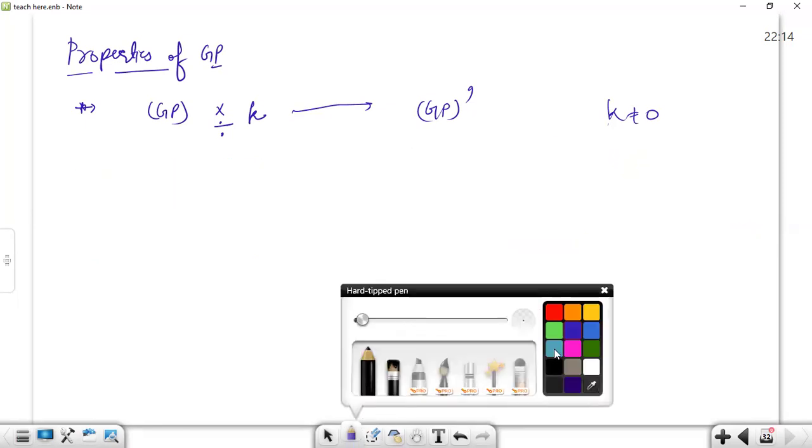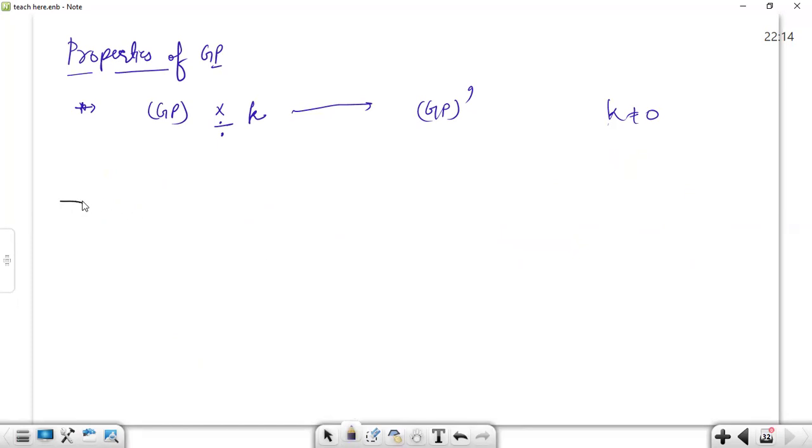Let's discuss the next property then. If we take the reciprocal of the whole GP, this being the original sequence given to us, and we write 1 by GP, given that no term in the GP is 0, then the new sequence that is formed will also be a GP.